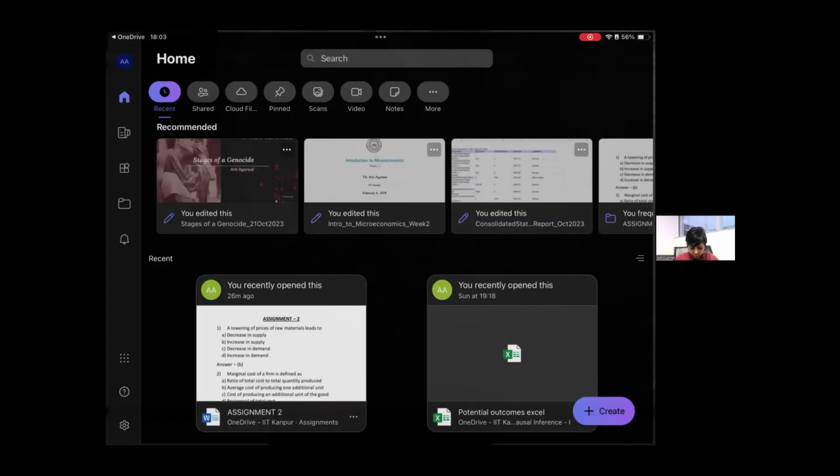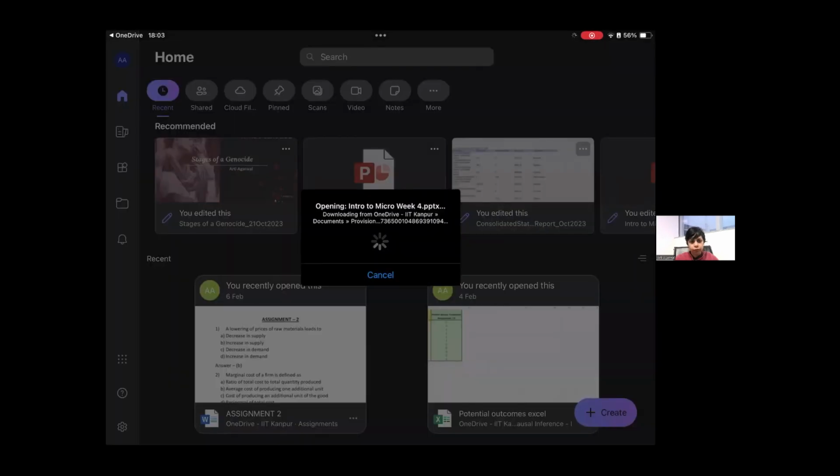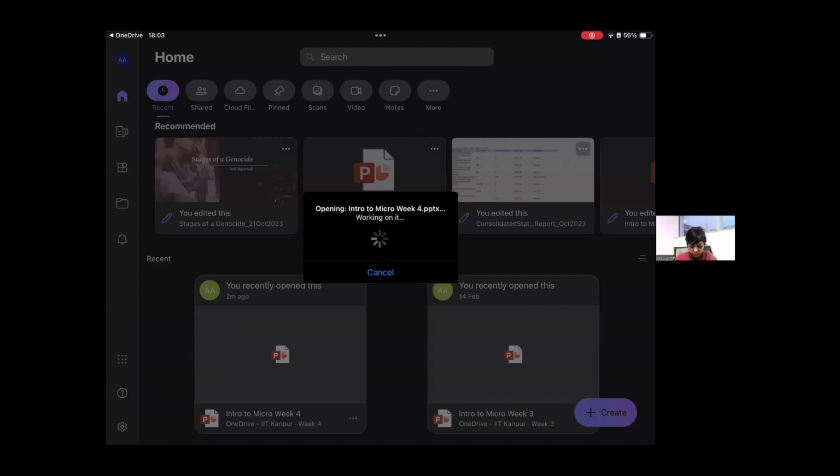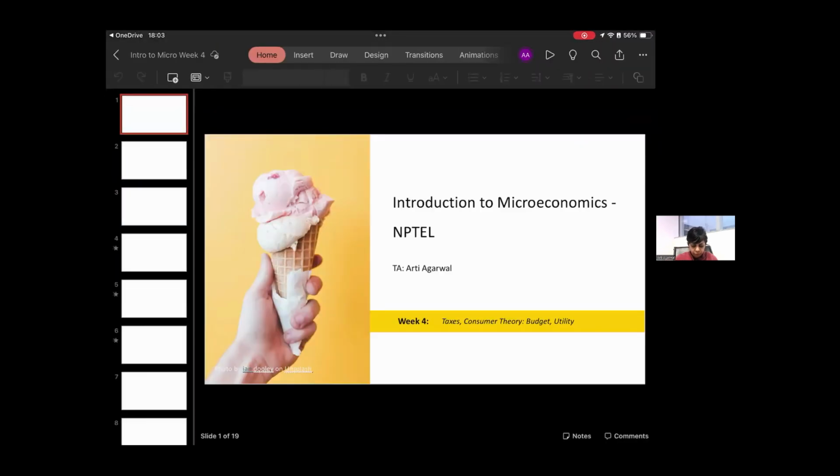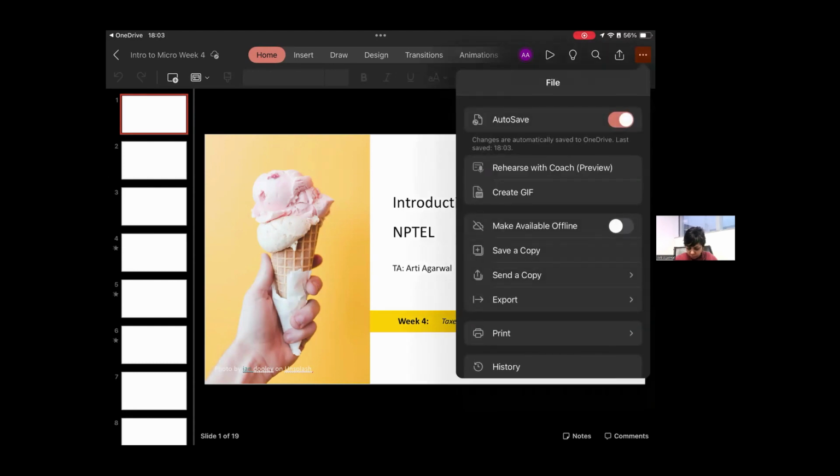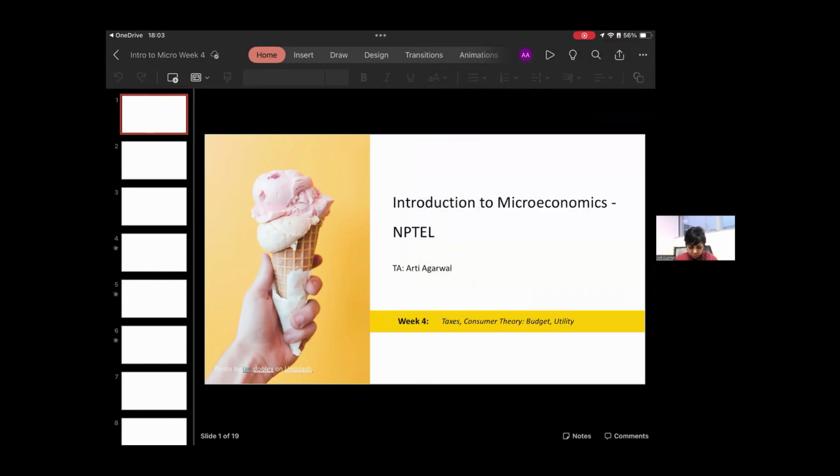Let me see if I can open it in Office. I'm just trying to make it full screen, otherwise you can't see it properly. Does anybody know how to make it full screen?